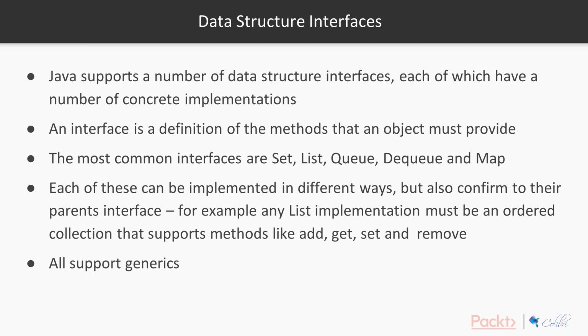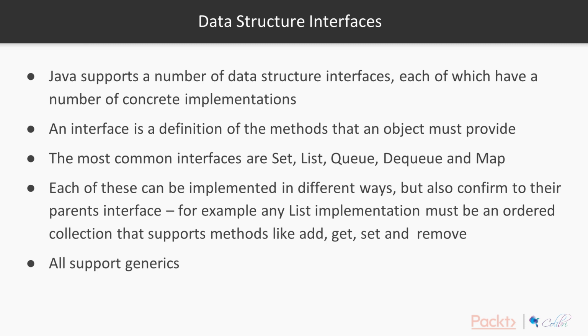In the previous section, we showed an example where we created a list of integers, and another example where we created a list of cars, the car being a class that we had written ourselves. And we also looked at how, when we created that list, the generic implementation in Java actually customizes the add and remove methods, such that for a list of integers, when we call the add method, we can only supply an integer.